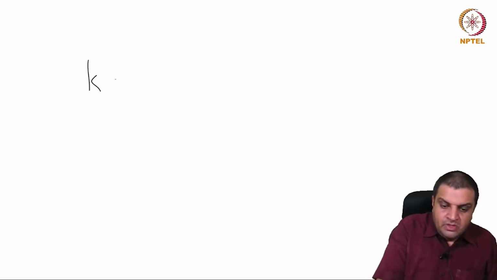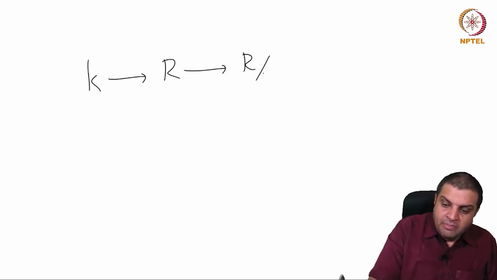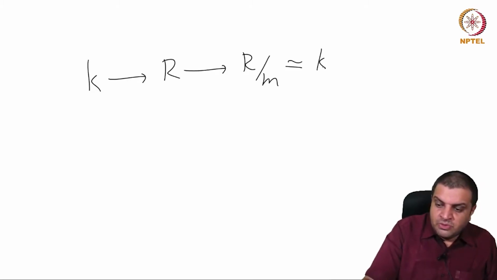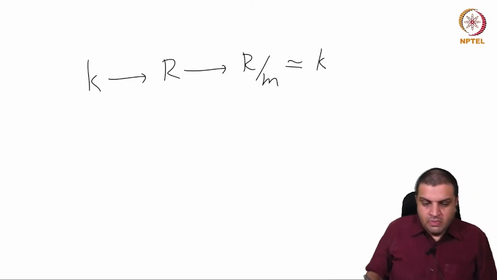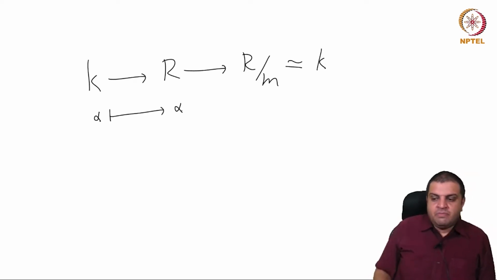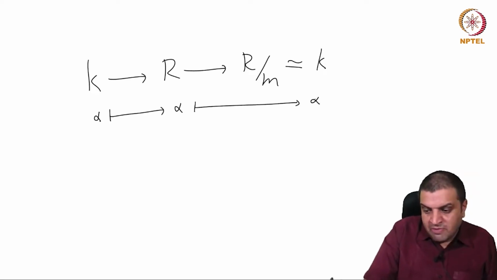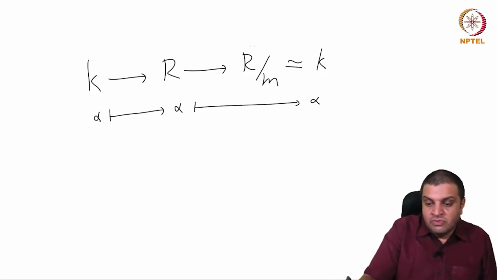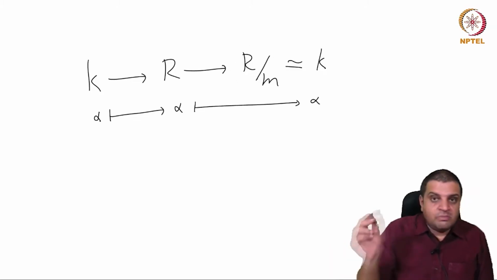Now let's look at this. There is K here, then R here, then R mod m, which is also isomorphic to K. An element alpha inside K goes to the constant polynomial alpha and goes to alpha itself here, because this is just going modulo a maximal ideal.